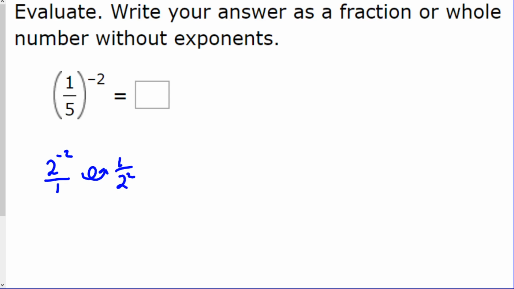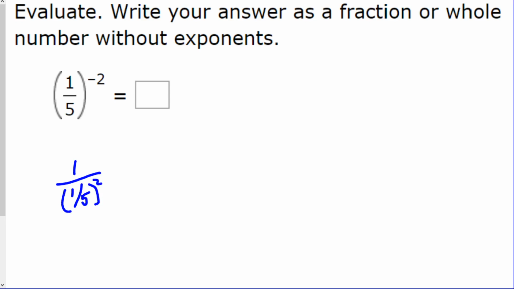You could do the same principle if you have a fraction. Now you can put this over 1, so you could say 1 and then move the whole thing underneath, 1/5 squared, and make that positive.